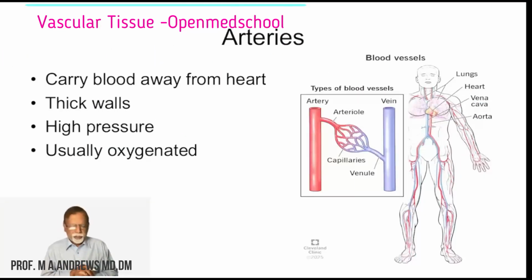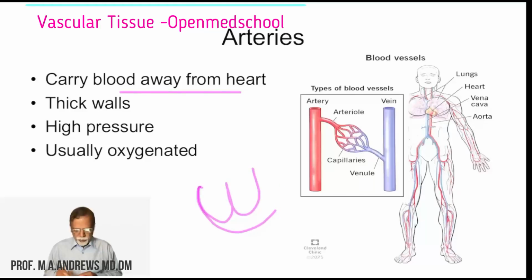Now we think about the arteries. The arteries carry blood away from the heart. Don't get confused by pure and impure blood. Any vessel that takes blood away from the heart is an artery. For example, the pulmonary artery from the right ventricle. So you can see this is the heart.